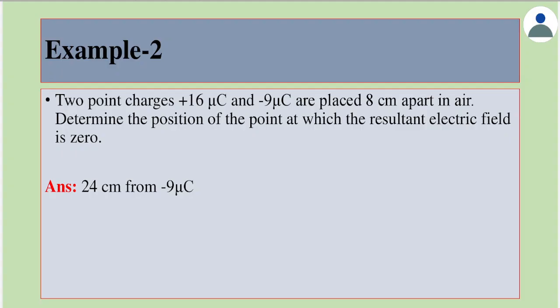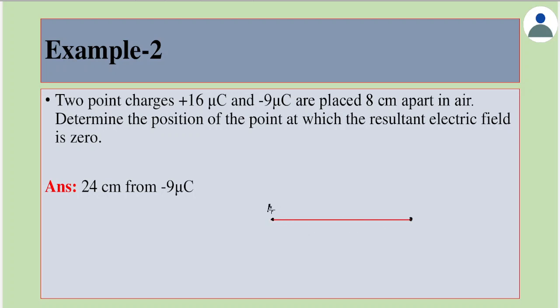Example 2 says two charges plus 16 microcoulomb and minus 9 microcoulomb are placed 8 centimeter apart in air. Determine the position of the point at which the resultant electric field is 0. So we'll first draw a diagram for this. Let us assume that these two charges are placed at these two ends.